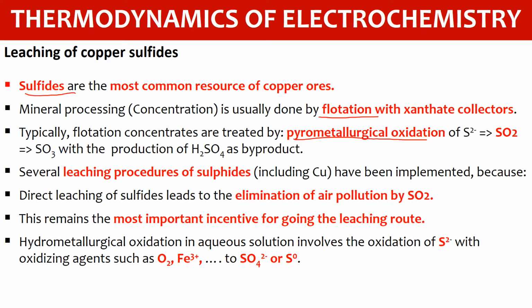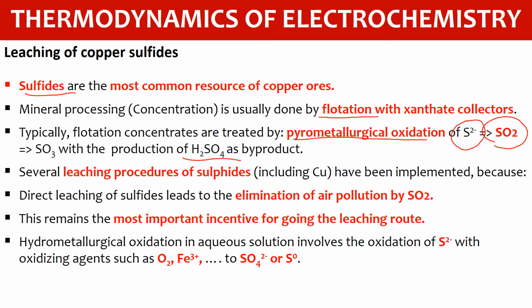In the pyrometallurgical processing of your copper sulfides, you're simply conducting the oxidation of S2- and producing SO2, sulfur dioxide gas mostly. This is then used for the production of sulfuric acid as a byproduct of the treatment of the sulfide concentrates.